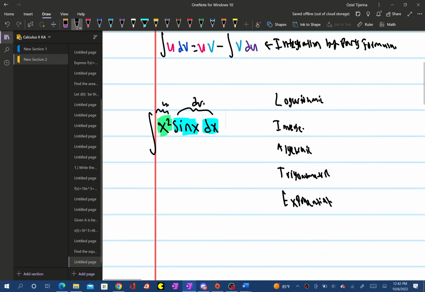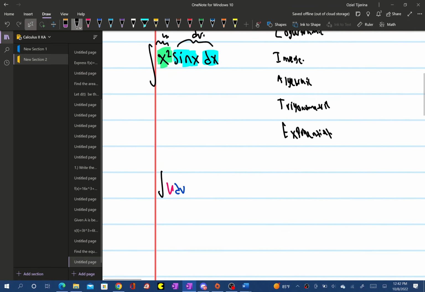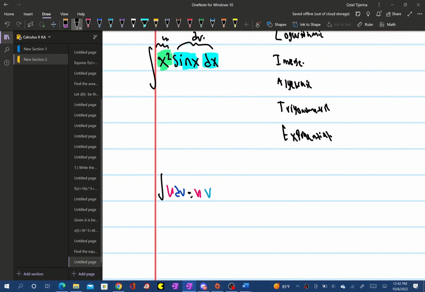Now we're going to follow the formula, so we have the integral of u dv equals u times v minus the integral of v du.